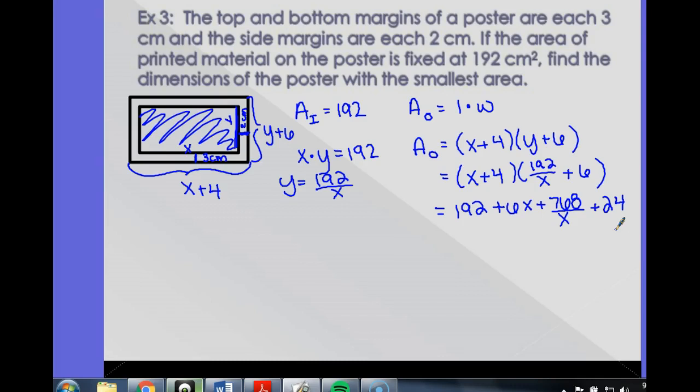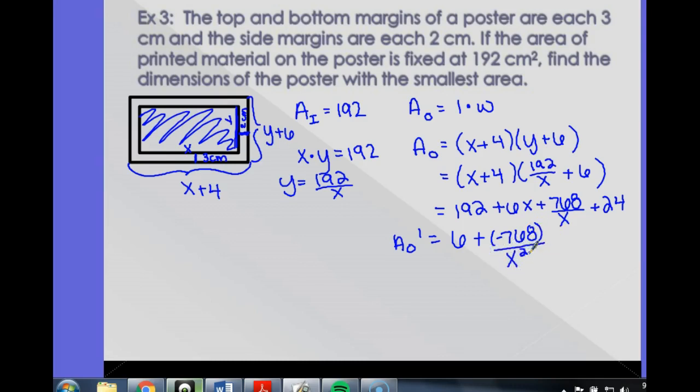Take the derivative. What's really nice about the derivative of 192? It's the derivative of 6x. What's the derivative of 768 all over x? The only thing you have to do is add a negative, because it would come up as x to the negative 1. So it becomes negative 768 all over x squared.